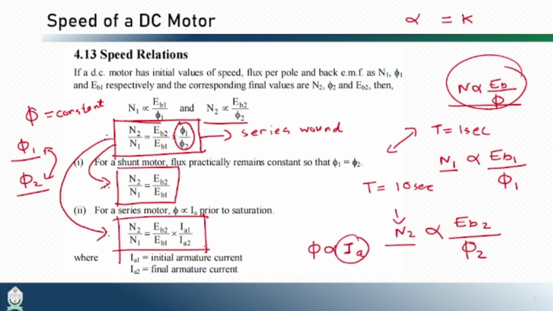So for a series motor, this has another variation, but if we replace the flux with our armature current, and for a shunt motor, the speed relation of a DC motor turns out to be something like this. So these formulas will be very useful for us in solving several numerical problems that are associated with DC motors.